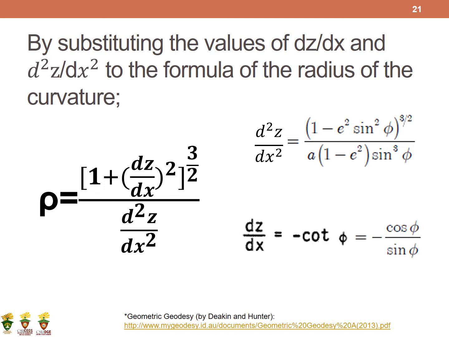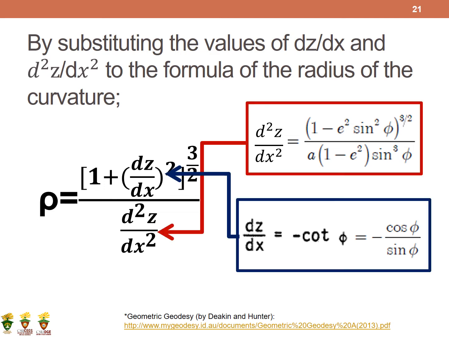And we also have dz over dx equal to negative cosine theta over sine theta. So these two values will now be substituted into their specific variables in the formula for the radius of curvature.